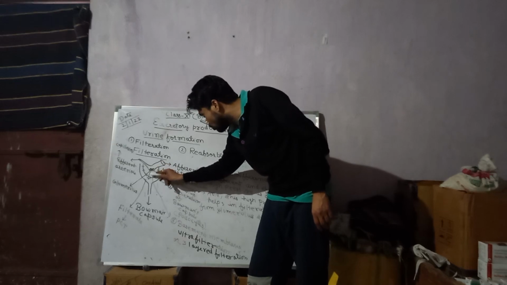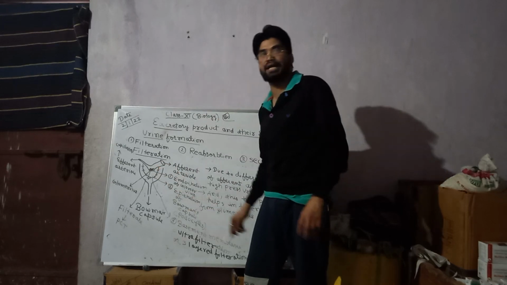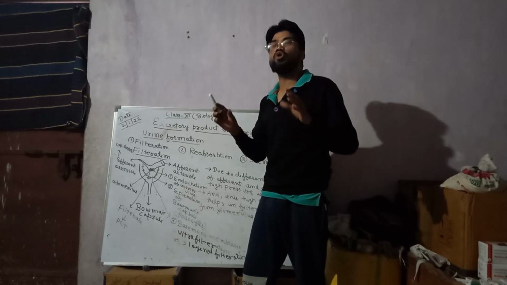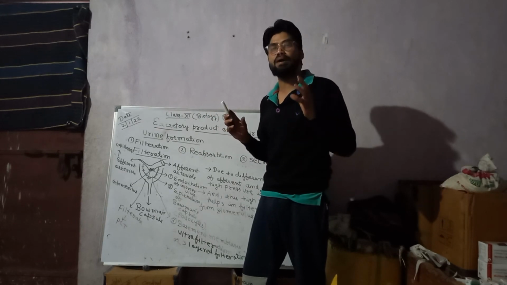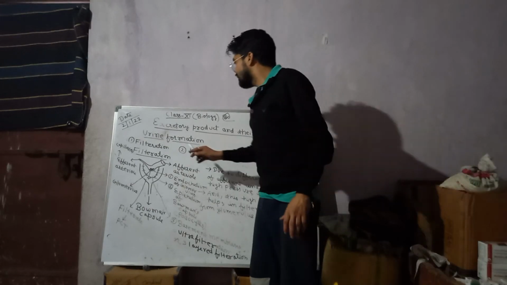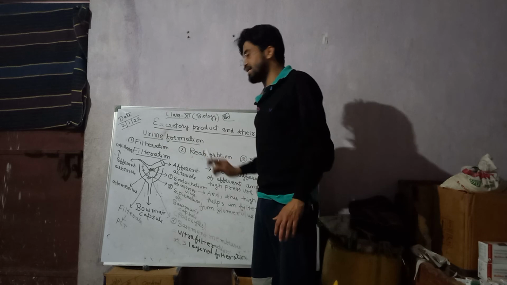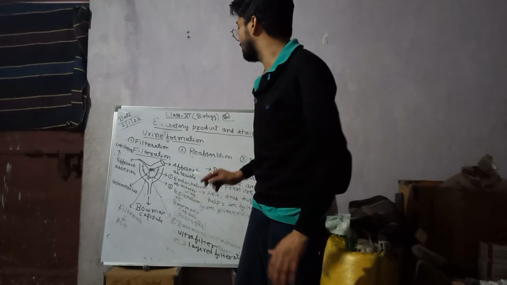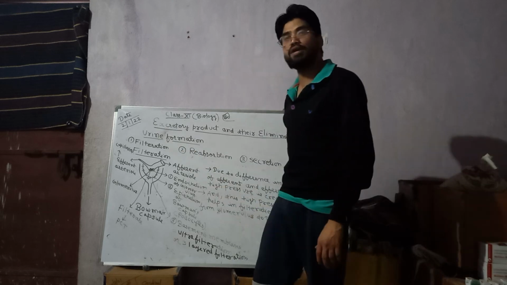And between these two layers, there is a basement membrane, and passing through these three membranes, it is known as three-layered membrane or ultrafiltration. And this is all about the filtration, my dear student. I hope that you understand the concept of the filtration. That is the first part of the urine formation.